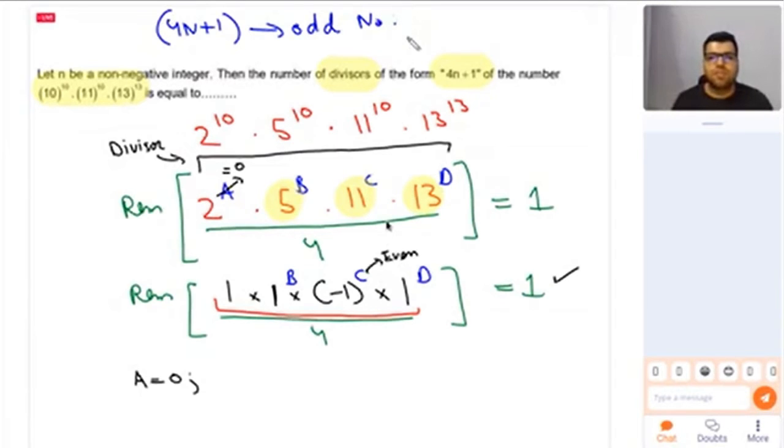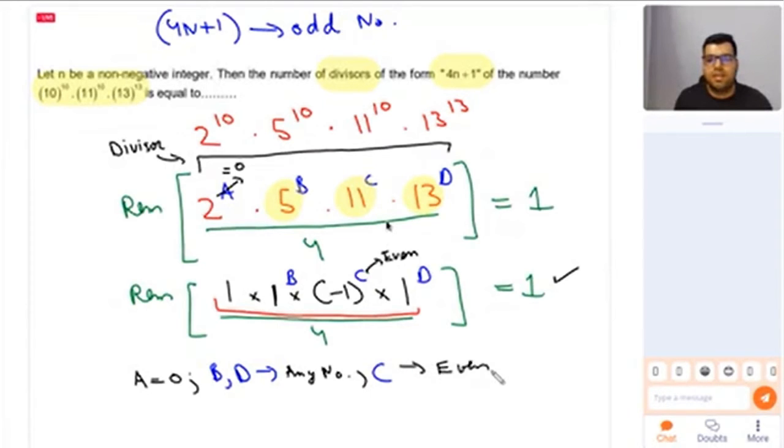So B and D can be any numbers, and C, by our deduction of remainders, has to be even.